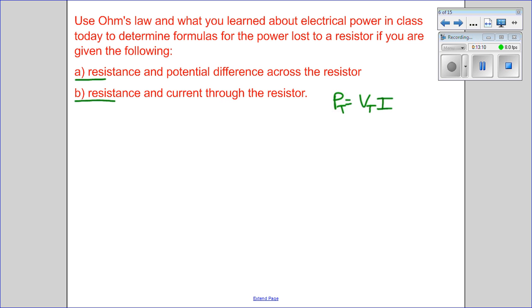But try a little bit of algebra and see if you can work out power lost to a resistor as a function of V and R, and power loss as a function of R and I.